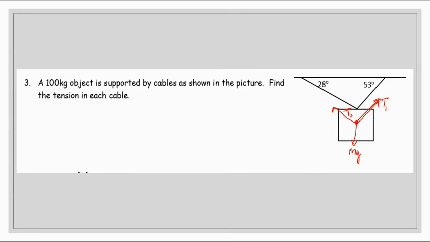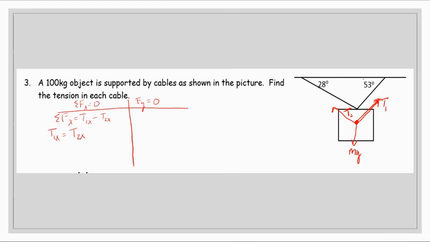Now in this question, I'm still going to split my X and Y, and it says it's supported in the picture, so it's hanging there at rest. So I know that my sum of forces in my X equals 0, and the sum of forces in my Y equals 0. So my sum of forces in my X is equal to tension 1X minus tension 2X, just like it was in the last problem. Because those are equal to 0, tension 1X is equal to tension 2X.